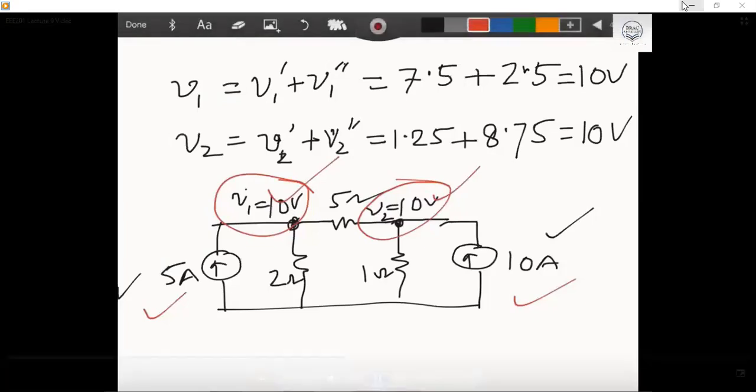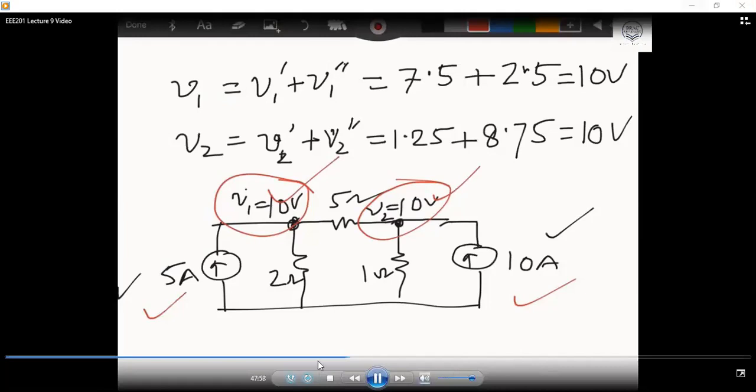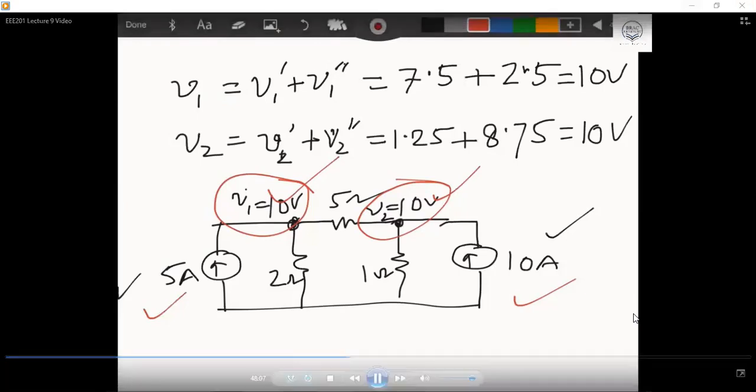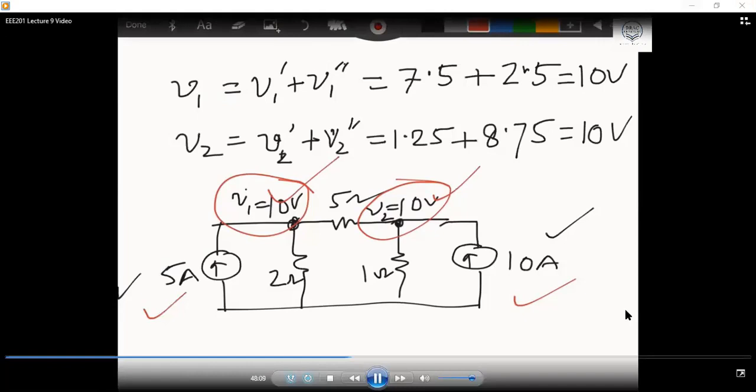Now, if you do the node analysis of this circuit, or the mesh analysis, and you find V1 and V2, you know what node analysis is, you know what mesh analysis is, right? Node analysis can easily give you the values of V1 and V2, and you see the answer is 10 volt, 10 volt.